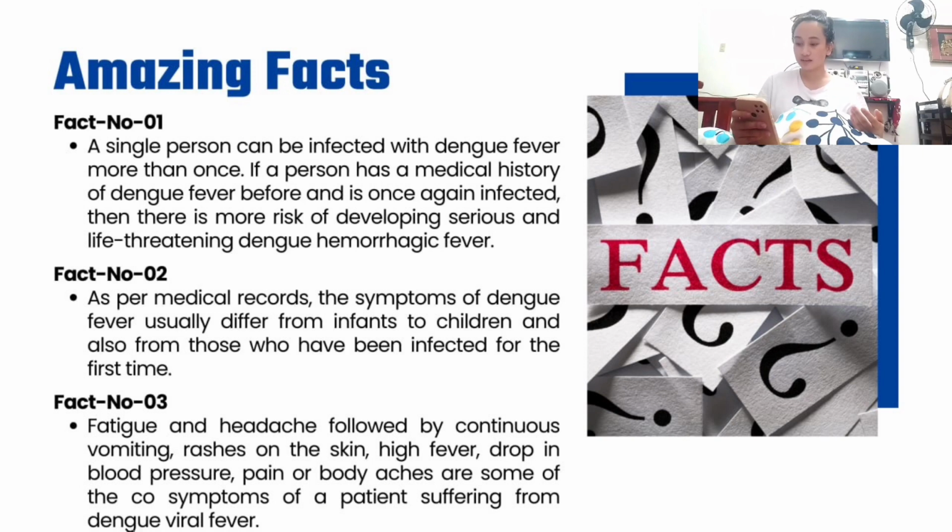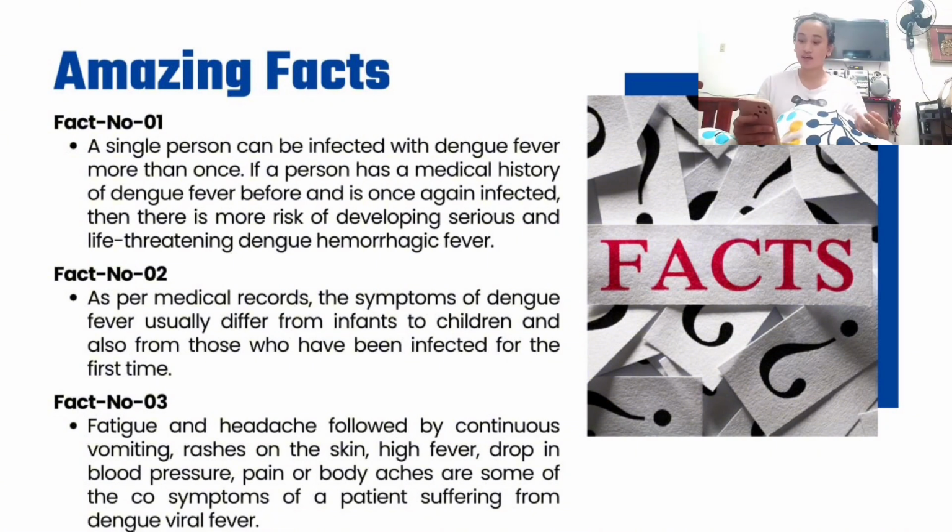The second fact is as per medical records, symptoms of dengue fever usually differ from infants to children and also from those who have been infected for the first time. The symptoms of dengue fever can vary between infants, children, and individuals experiencing their first infection.